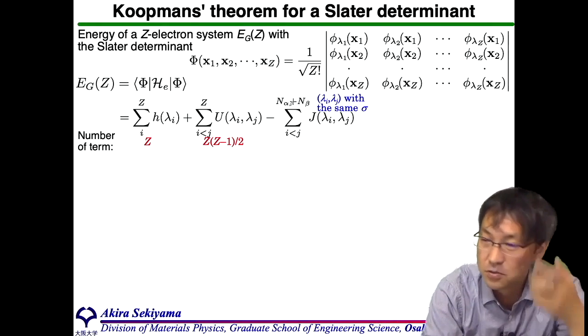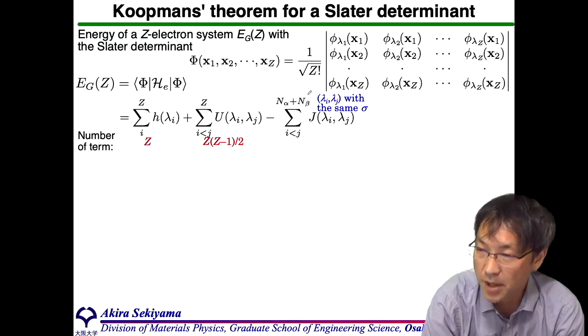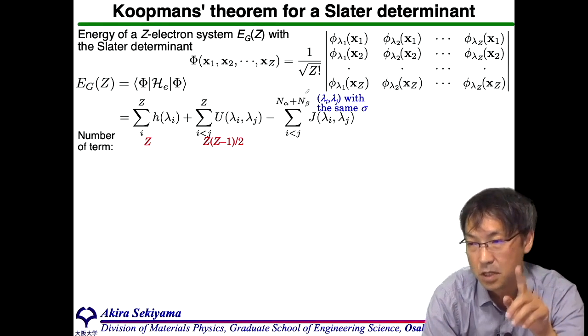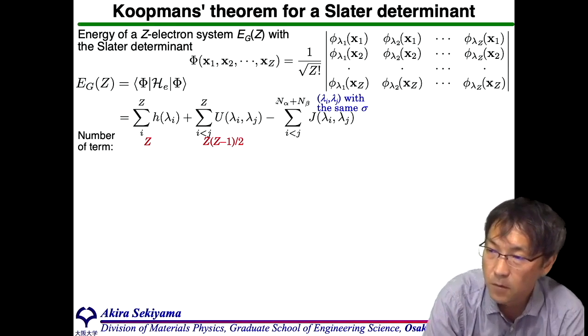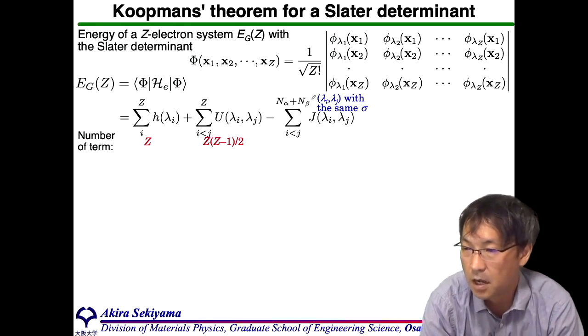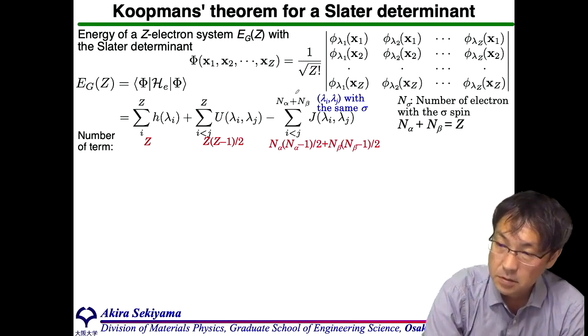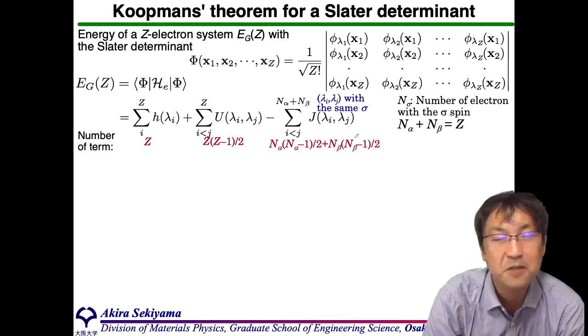Therefore, we need to divide the number of electrons into n alpha and n beta. N alpha means the number of up-spin electrons, and n beta stands for the number of down-spin electrons. Of course, the sum of n alpha and n beta is Z, like this. Therefore, the number of terms is expressed by using this formula.